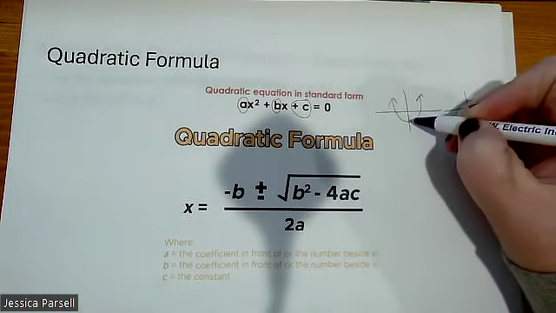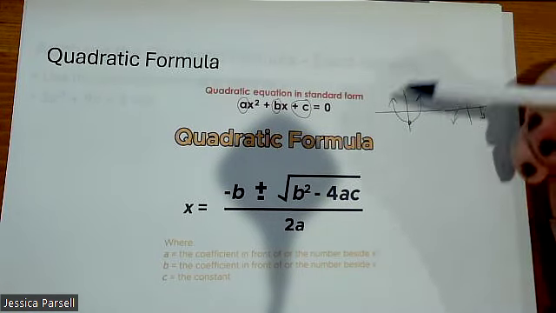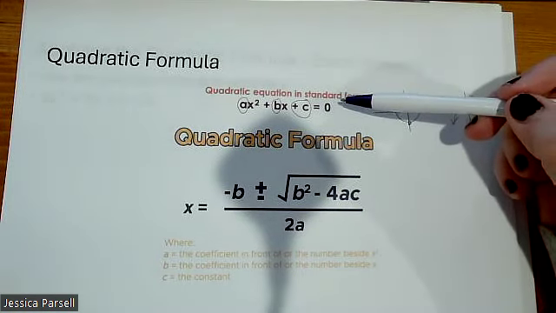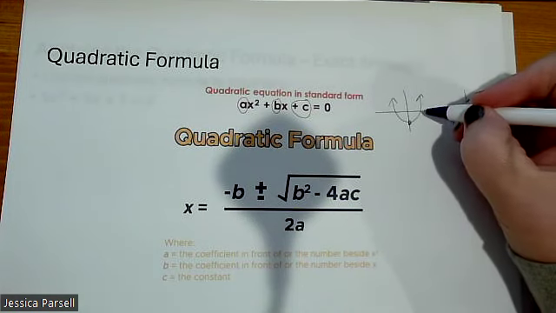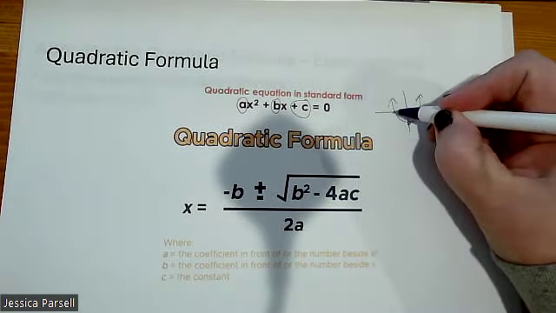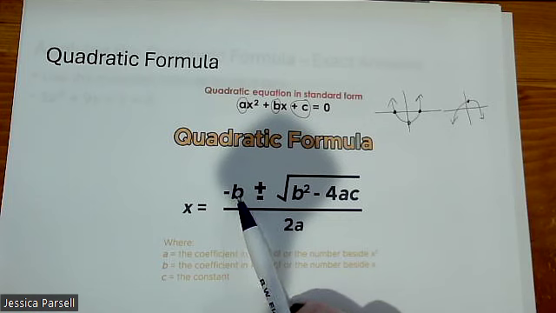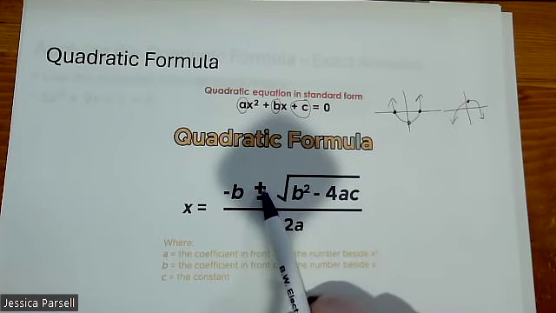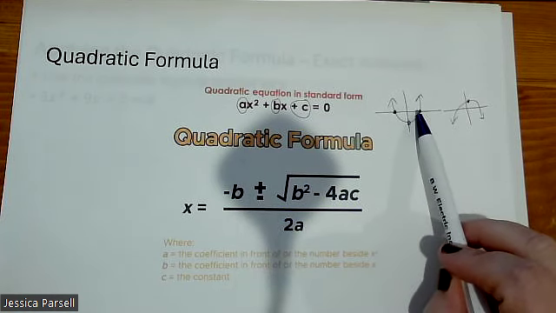All right, you might be looking for a minimum, you might be looking for a maximum, but the quadratic formula is actually designed to help you find two special places, and those are the x-intercepts right here. So notice that the equation is x is equal to negative b, so the opposite of your b value, plus or minus. The plus or minus comes in handy because you're usually looking for two different intercepts.